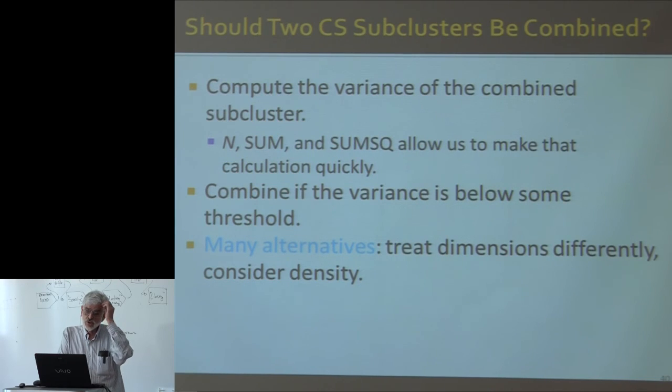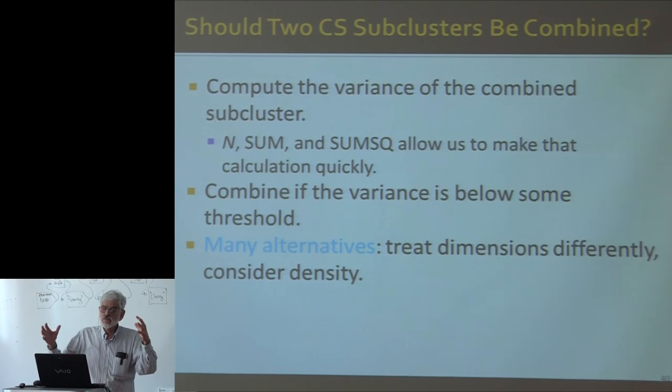Well, again, whether you should combine 2 subclusters, you could, for example, compute the variance using sum squared and sum, calculate the variance of the points in the subcluster, and using a cohesion-based approach, say if I were to merge these 2, would the variance be sufficiently small?